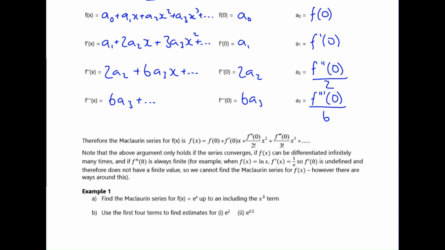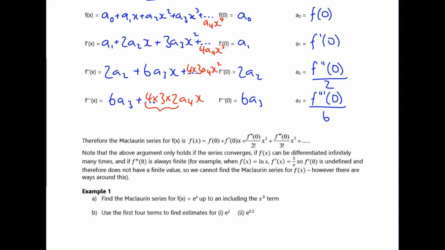Now notice the pattern here. Each time you multiply by another number for your coefficient. For example, if you put a4 x to the 4 in here and differentiate once, I'll get 4a4x cubed. If I differentiate again, I'll get 4 times 3 a4x squared. Again, I will get 4 times 3 times 2 a4x, and if I differentiate again, that will get rid of the x and just leave a4.